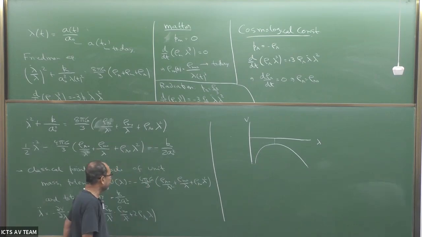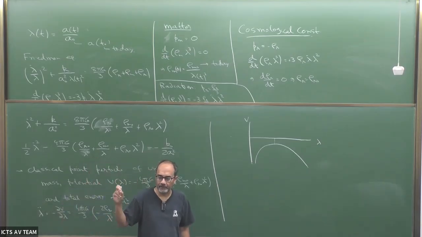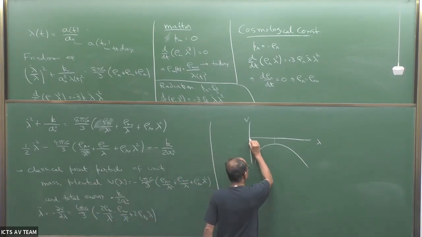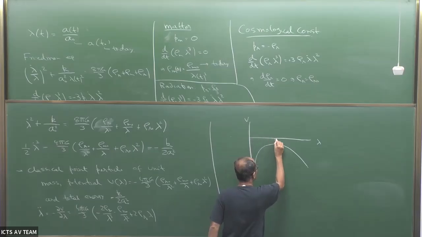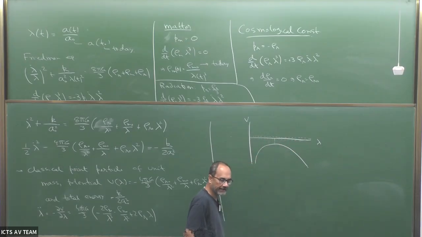And the energy is minus k over 2 a0 square. Okay, that's the energy of the particle. That we have already said is indistinguishable from 0 from experimental observation. So it may be positive or negative, we don't know, but it's very close to 0. So the total energy may be somewhere here, or here, or along the axis if k is really 0.